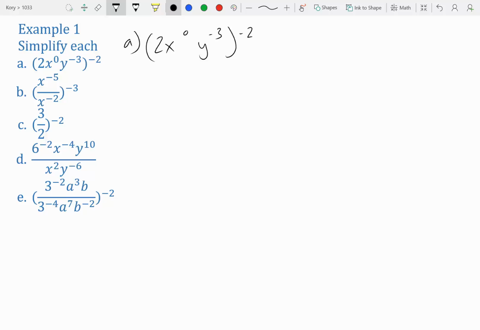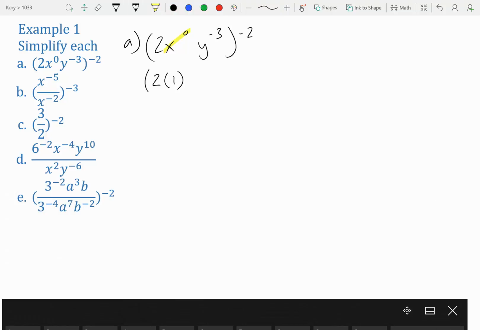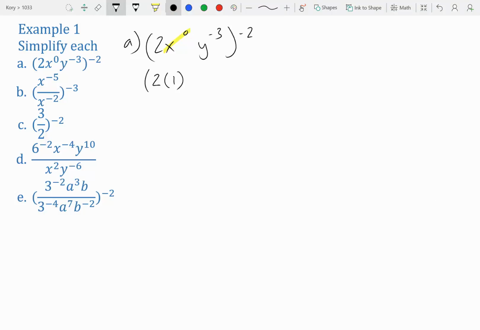So here we have 2 to the power of 1, because anything to the power of 0 is just 1. And then we have y to the negative third, all to the power of negative 2. From here, we can distribute this power of negative 2.